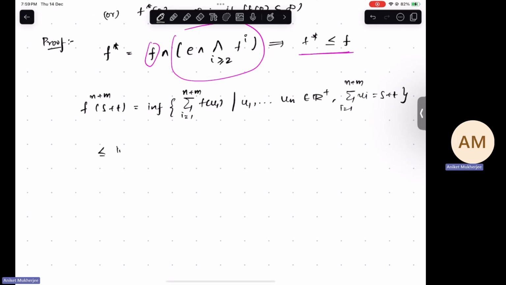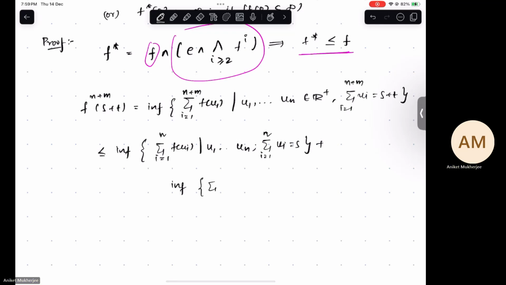Now this is less than or equal to inf of summation i equal to 1 to n of f(u_i), u_1 to u_n, summation of u_i equal to s, plus inf of summation i equal to 1 to m of f(v_i) conditioned on v_1 to v_m, this is m, such that summation of v_i equal to t.